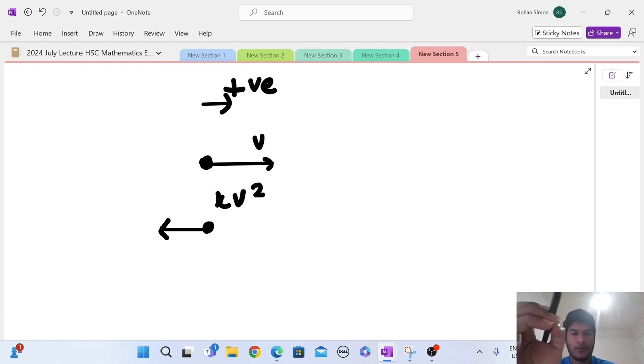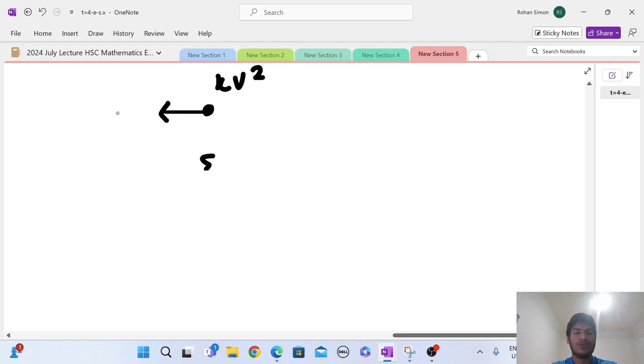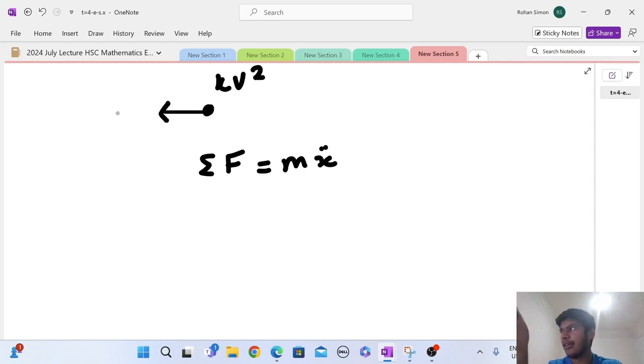So if we look at the net force, which equals mass times acceleration, m x double dot, and I can use x double dot here because we're talking about the horizontal axis, and the x-axis is usually our horizontal axis. We get minus kv squared is equal to mass times the acceleration. Now the mass here is 1 because it's a unit mass. So x double dot is minus kv squared.